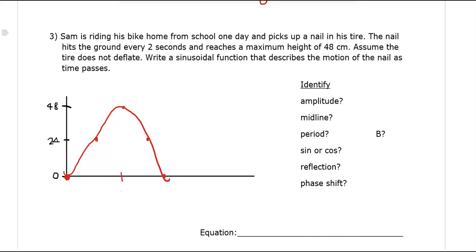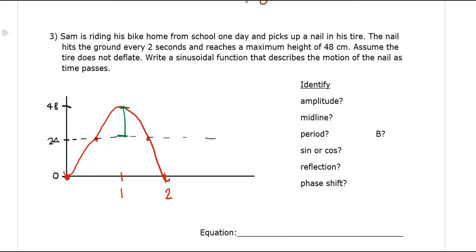So right here, this is 1 second, and here is 2 seconds. Okay, so with that, we can go ahead and figure out our amplitude. Amplitude is again the distance from this midline all the way up to the maximum.